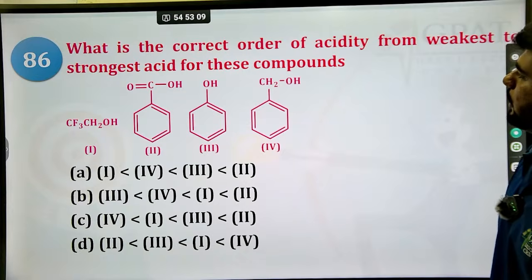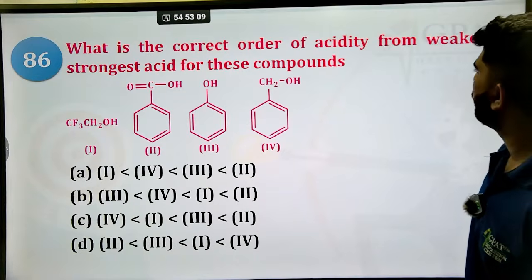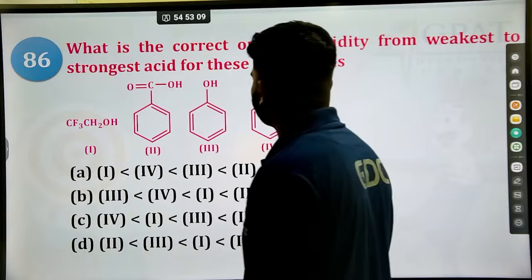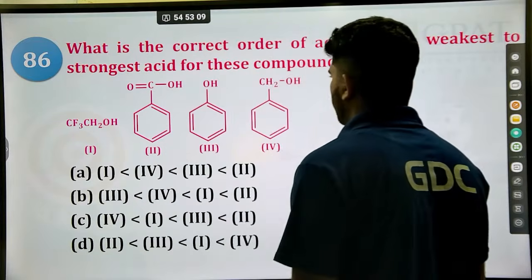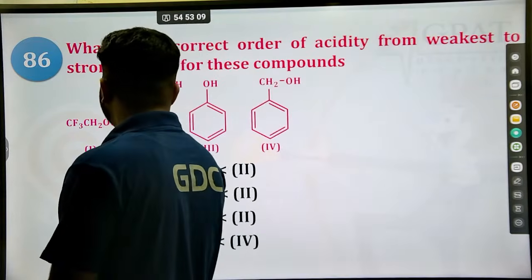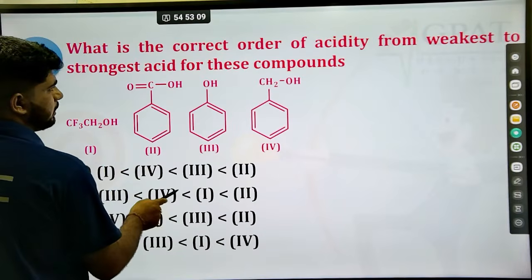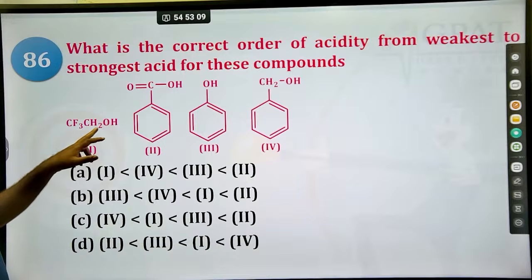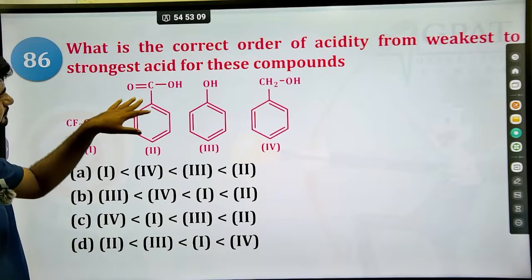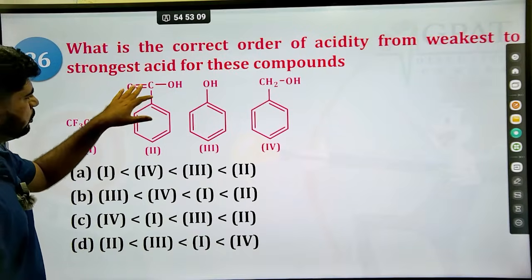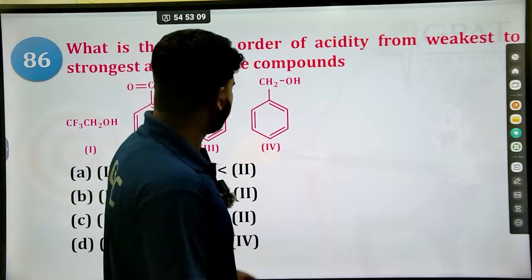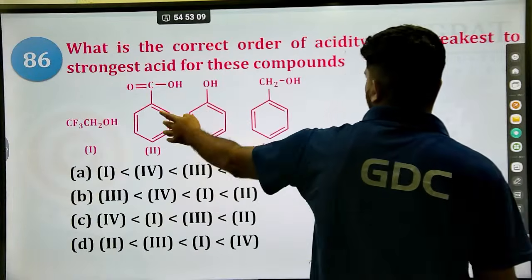okay, now this one. What is the correct order of acidity from the weakest to the strongest acid for these compounds? So this is your CF3CH2OH. This is your COOH. Anna, not ester group, this is your carboxylic group, right?